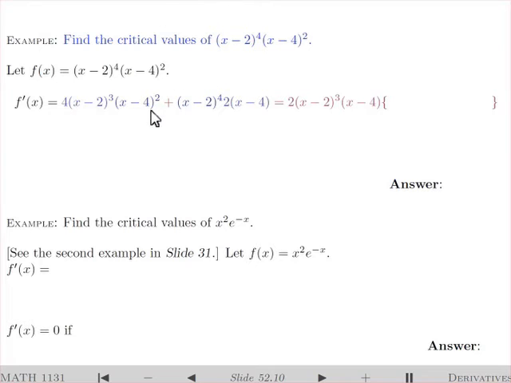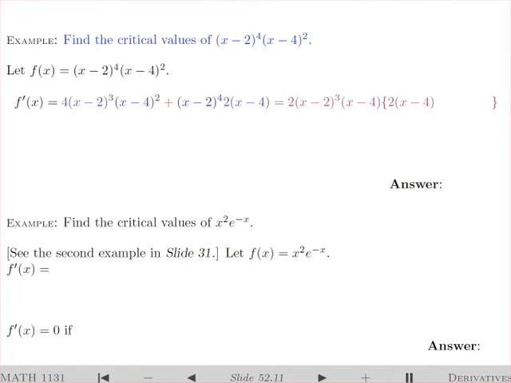What will be left inside? In the first portion, I had a 4, I factored out a 2, that leaves a 2 inside. I have (x − 2)^3, I'm factoring that out. And I have (x − 4)^2, I'm factoring out (x − 4), that leaves an (x − 4) inside.